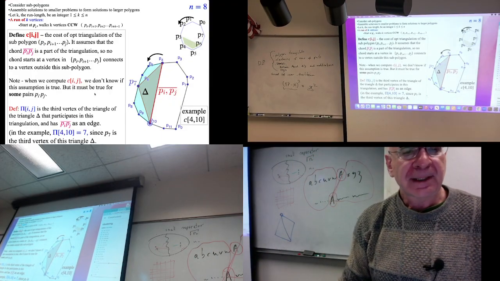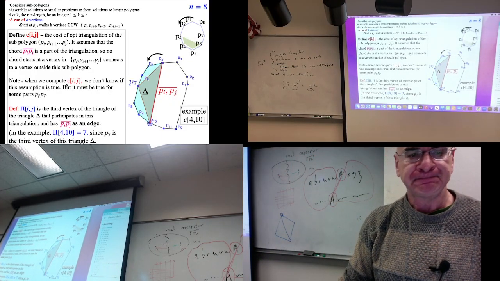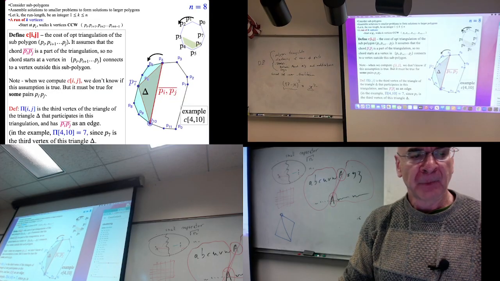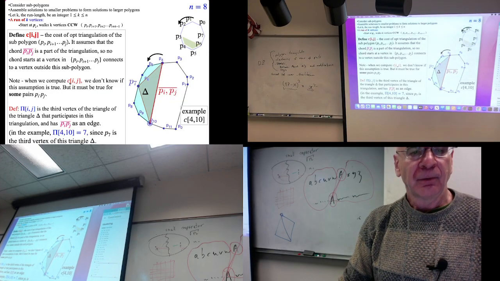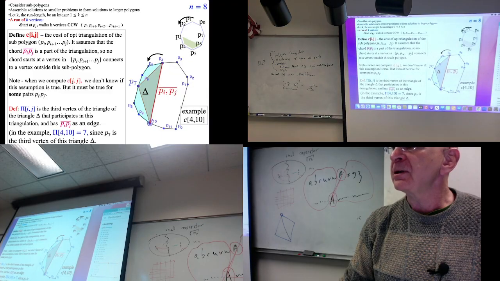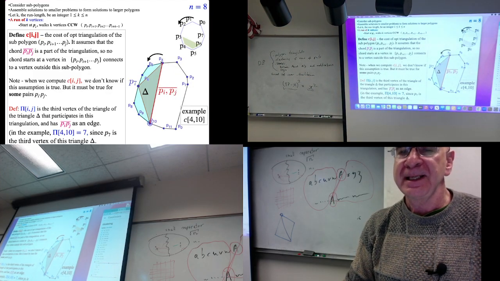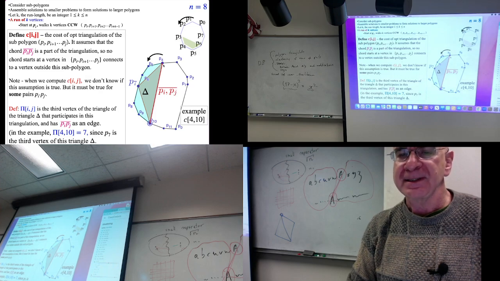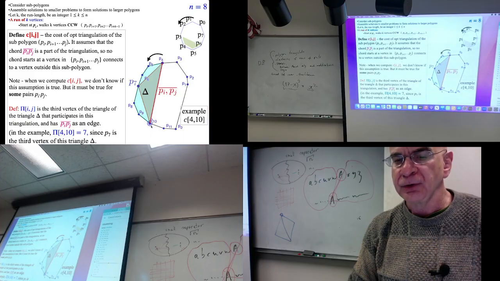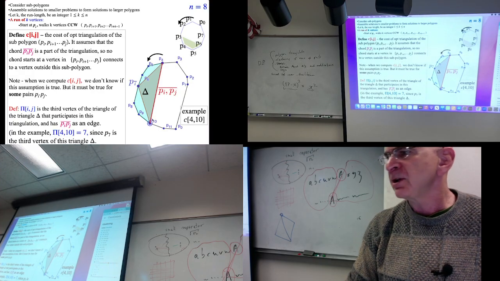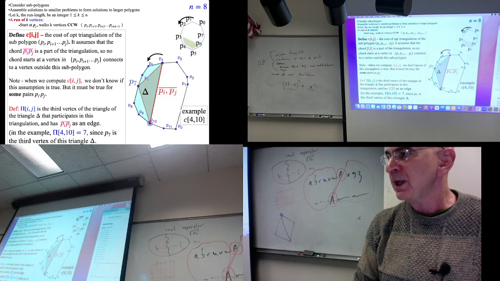Okay, so that's what C(i,j) is. So when the oracle tells me to compute what is C(4,10), the oracle also told me that the chord P4, P10 is part of the triangulation. And possibly the oracle is wrong, so I'll have to check a lot of such pairs.